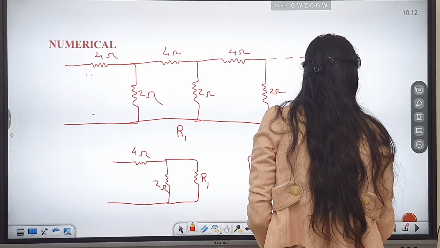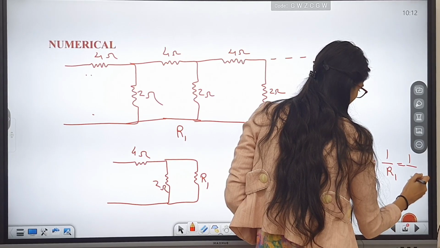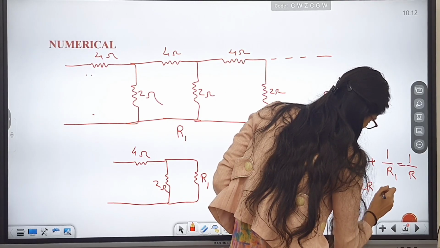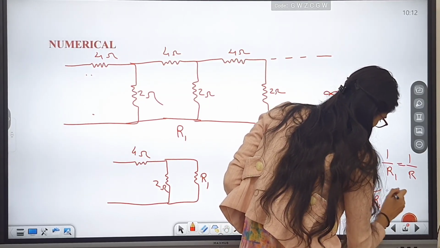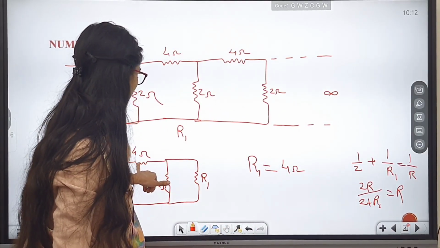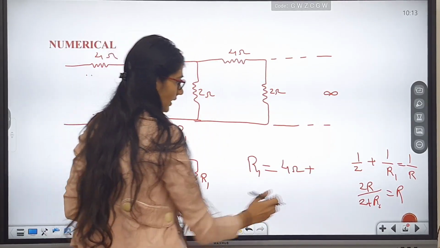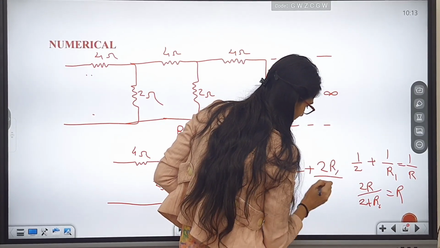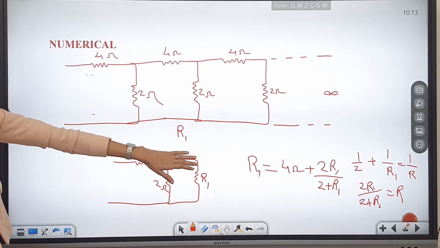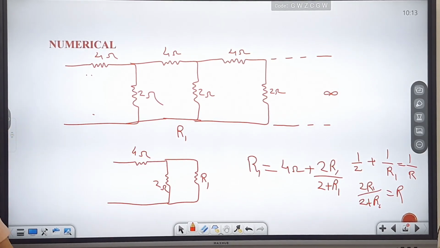So 1 upon 2 plus 1 upon R1, say it is simply 1 upon R. So it will be 2R1 upon 2 plus R1 is equal to R. So your net resistance R1 will be equal to 4 ohm plus the net of this, which is 2R1 upon 2 plus R1. You just need to solve this quadratic equation, and you have to find R1.